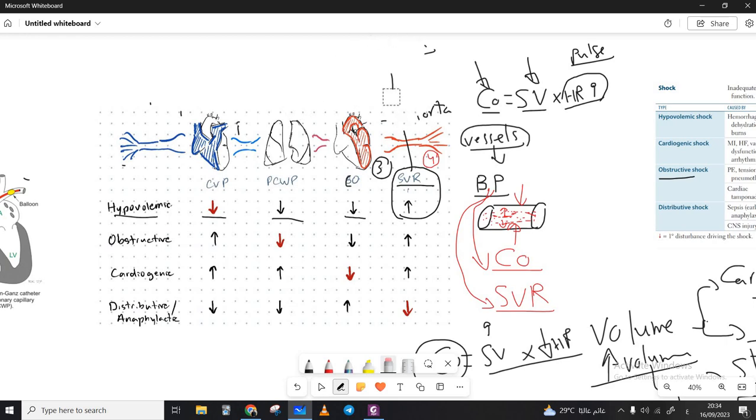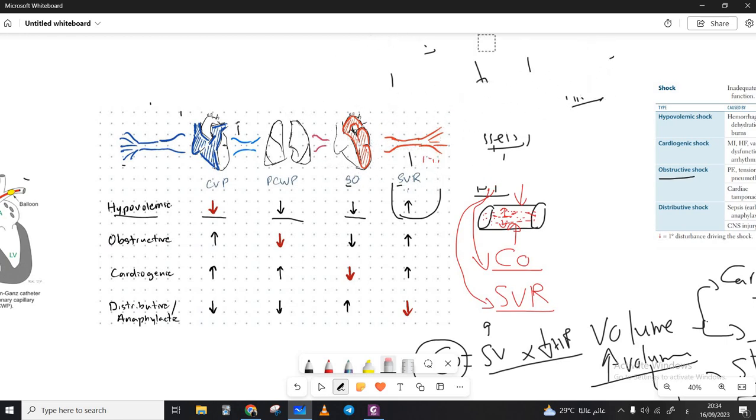Coming right up. Obstruction essentially means at the level of, let's do the cardiac output equation again. Cardiac output equals stroke volume multiplied by heart rate.